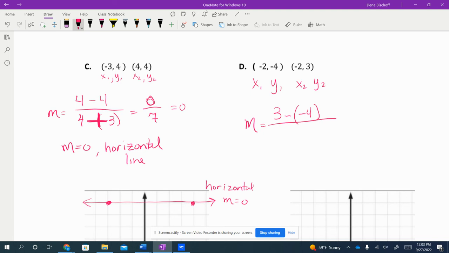Over Danae, what is x2? Awesome. Aiden, what is x1? Awesome. So I have a couple minus and negatives. I'm going to turn those into a great big plus sign. So let's see. 3 plus 4 is 7, and negative 2 plus 2 is 0.